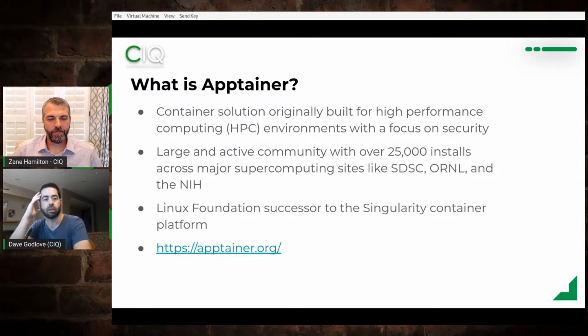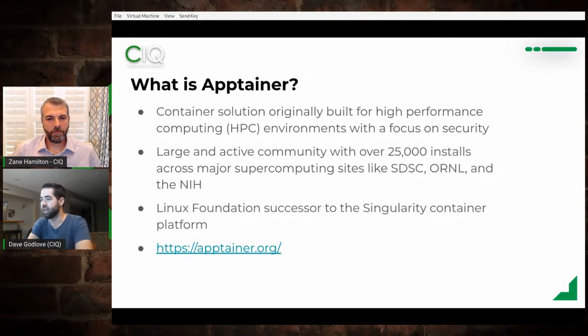So what is Apptainer? If you're a regular watcher of this webinar, then I don't have to tell you what Apptainer is, but maybe you're not. It's a container solution which was originally built for high performance computing by Greg Kurtzer when he was working at Lawrence Berkeley National Lab several years ago. It's really got a focus on security and ease of use for HPC users. This information is a little old.